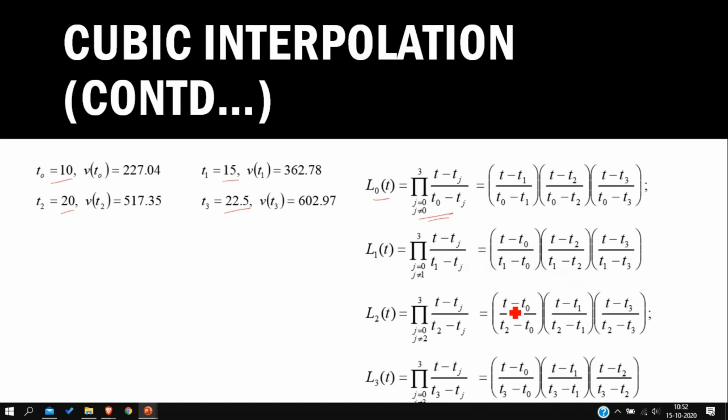L2(t) is t minus t0, t minus t1, t minus t3, divided by t2 minus t0, t2 minus t1 and t2 minus t3. L3(t) is t minus t0, t minus t1, t minus t2, divided by t3 minus t0, t3 minus t1 and t3 minus t2. So using these functions, we can find the values of L0, L1, L2 and L3.